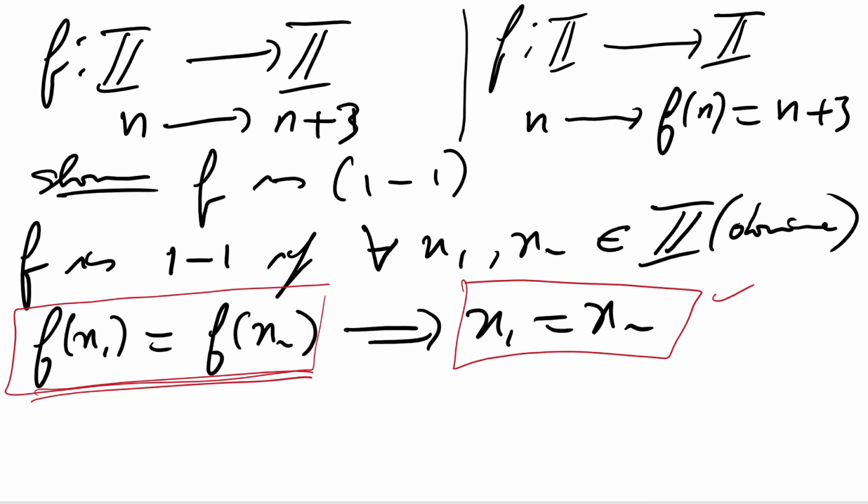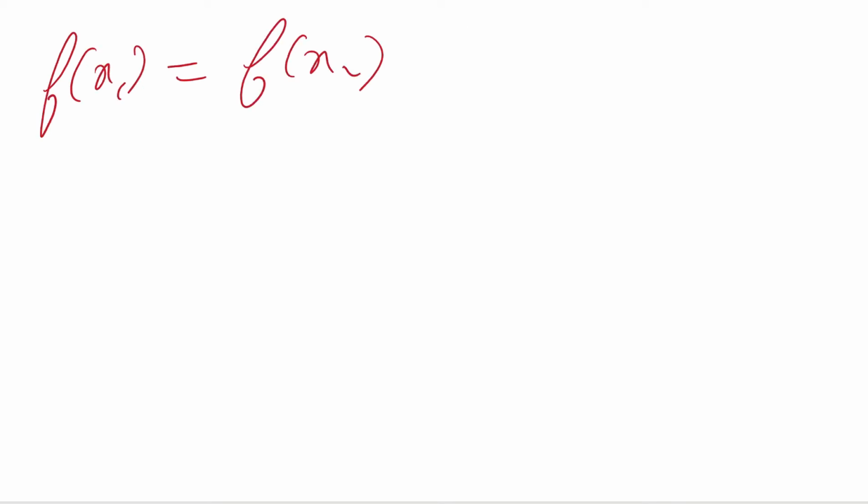So we go from this expression. f of x1 equal to f of x2 implies x1 plus 3, because f was defined this way, because f of n equal to n plus 3.